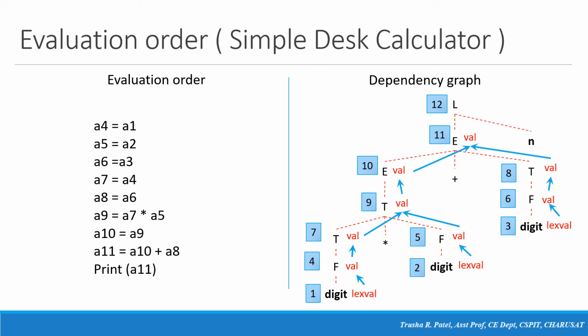Then the 11th value can be calculated as 10th value plus 8th value. And at sequence number 12, we simply print the value which we calculated at the 11th step. So this is the evaluation order for the simple desk calculator.